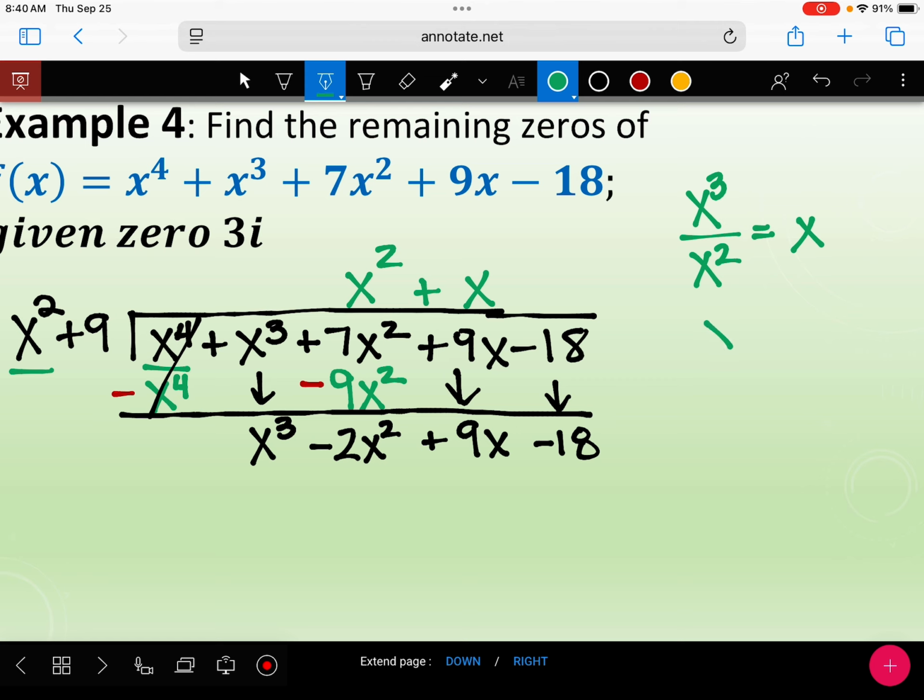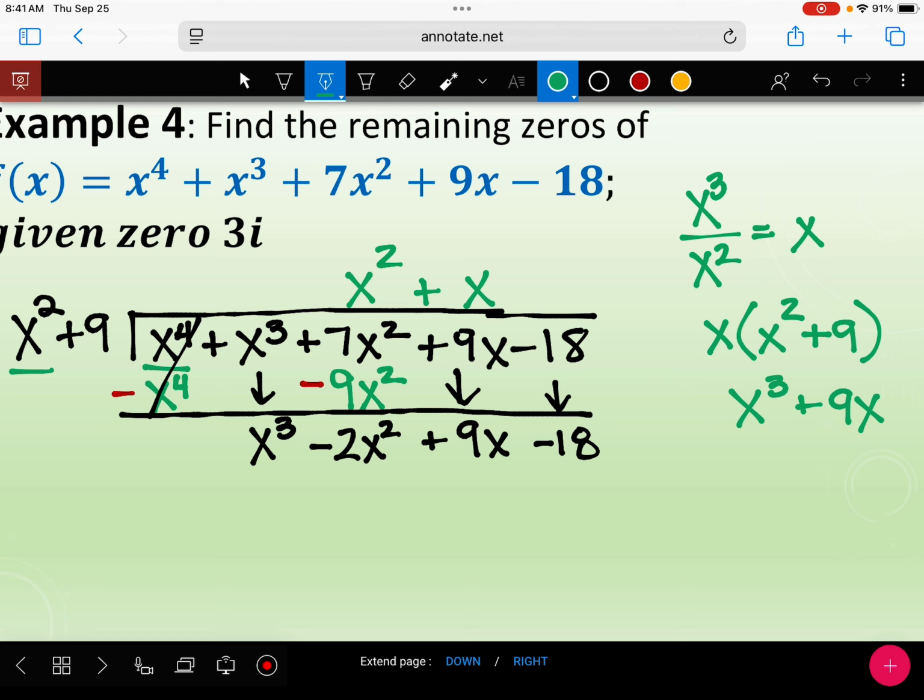Then you take that x, you multiply it by x squared plus 9. So that gives me x to the third plus 9x.